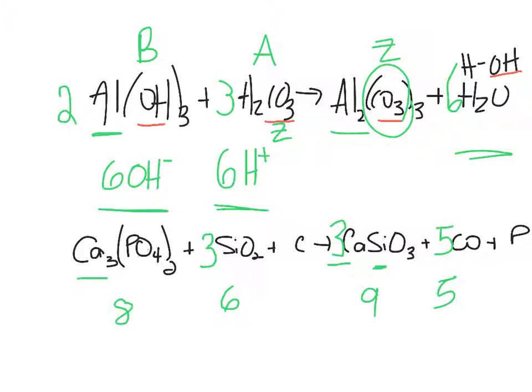Okay, so now we've got 5 oxygens, 5 carbons. So we're balanced for oxygen, balanced for calcium, balanced for silicon, but now we've got to go back and balance for, am I randomly picking the elements that I'm balancing for? Do you think I'm just randomly picking this? Because if you don't see the pattern that I'm doing, it's going to seem like it's totally random.